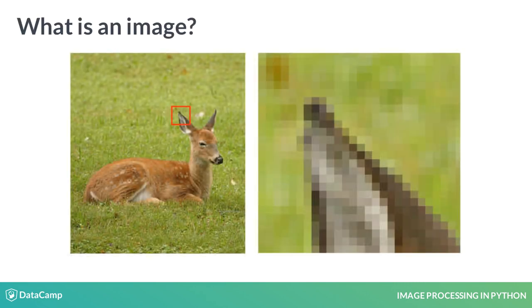A digital image is an array, or a matrix, of square pixels, picture elements, arranged in columns and rows. In other words, a two-dimensional array, or matrix. These pixels contain information about color and intensity.